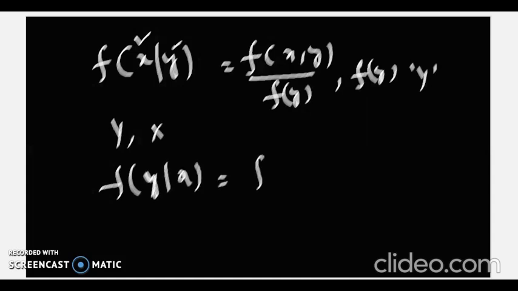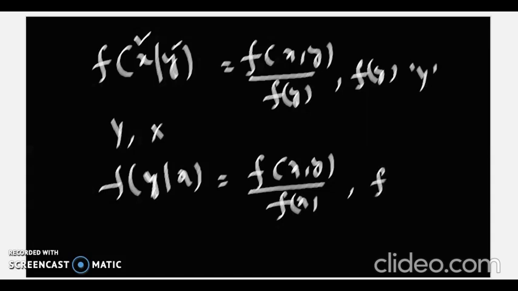It has the formula f of x comma y by f of x, where f of x is the marginal density function of x. Clearly, the denominator values are always greater than 0.